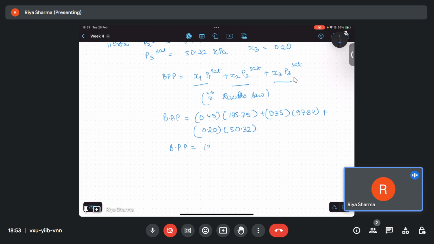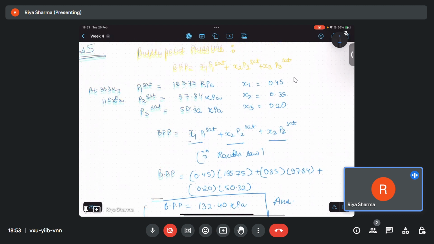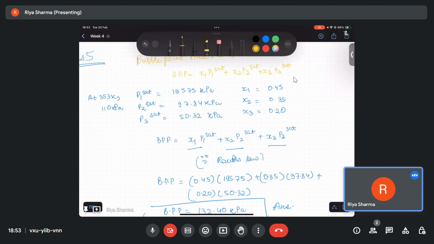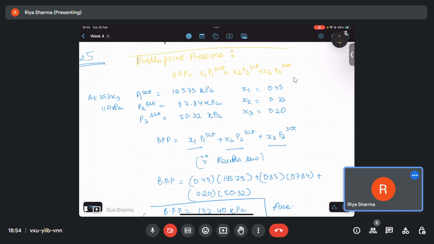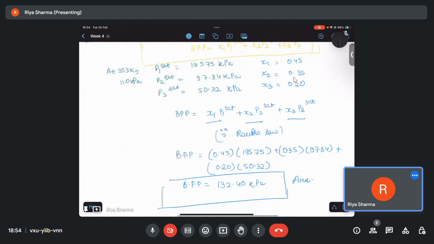The answer will come around to be this much. Since Raoult's law is there and we know the concept already and we had the partial pressures, so we know that at bubble point what will happen.